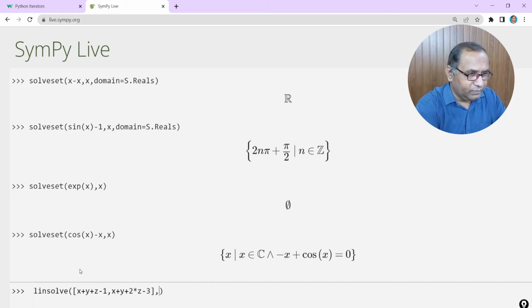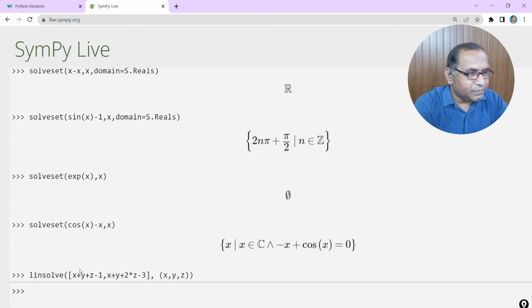We want to solve this system of equations for x, y, z, and when you enter it, it will return the set of solutions.